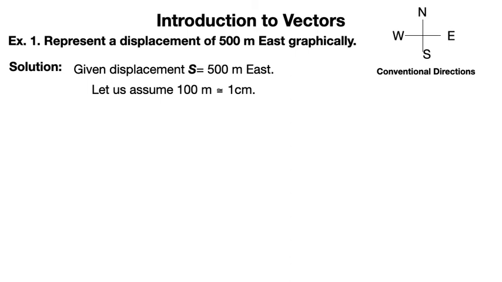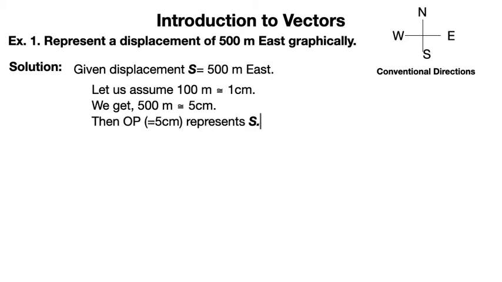Let's assume that 100 meter is represented by 1 centimeter. We get 500 meter equal to 5 centimeter. Then OP equal to 5 centimeter will represent the displacement S. See the diagram. O is the reference point.